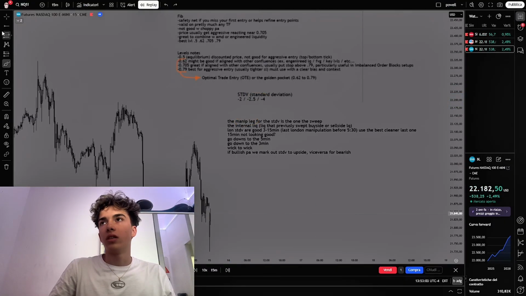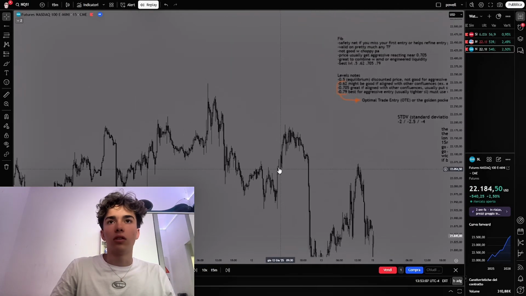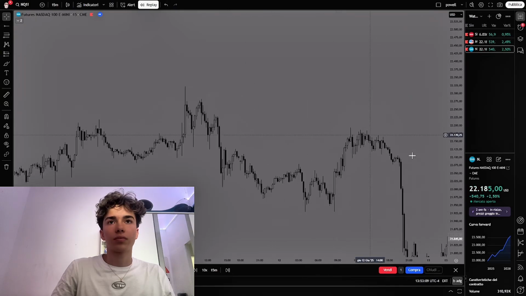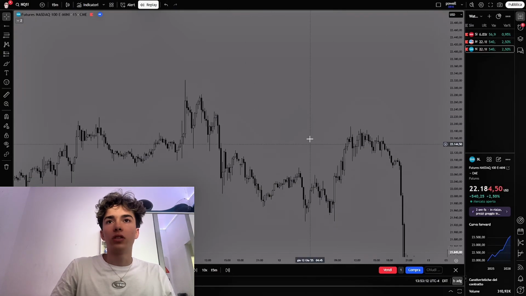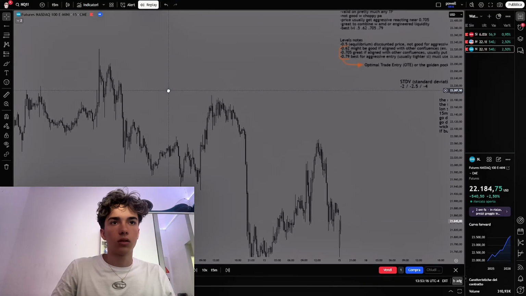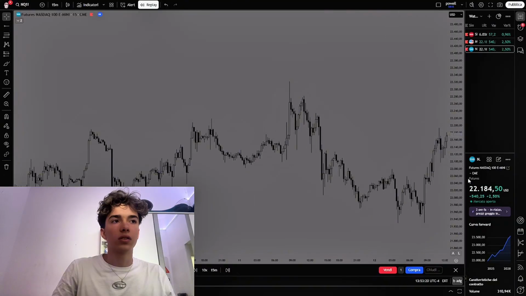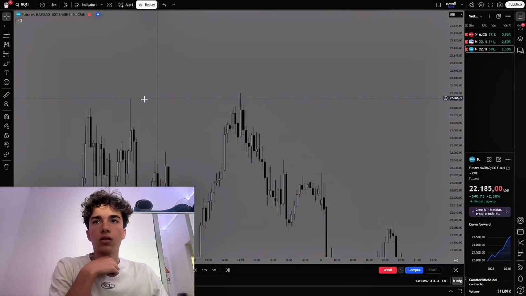How do we use the standard deviation then? For TPs, the most basic way, we use the manipulation leg. In this case, I don't have any good example. Yeah, maybe this. This swept this internal liquidity right there.